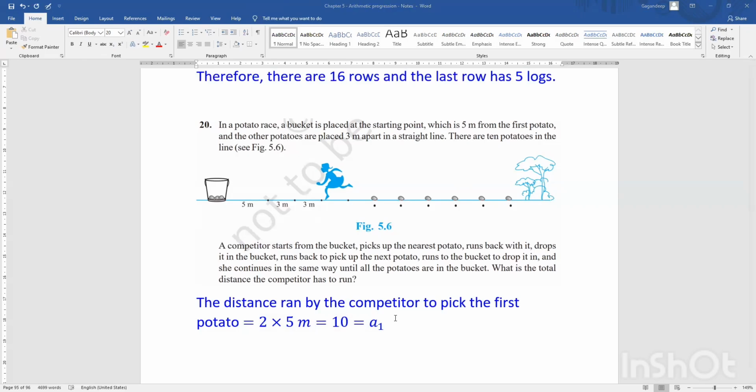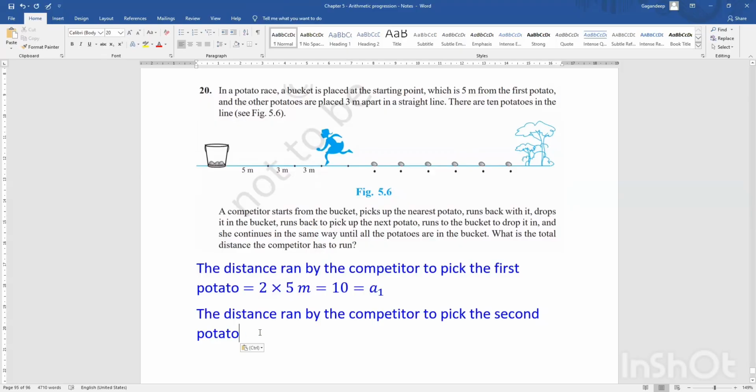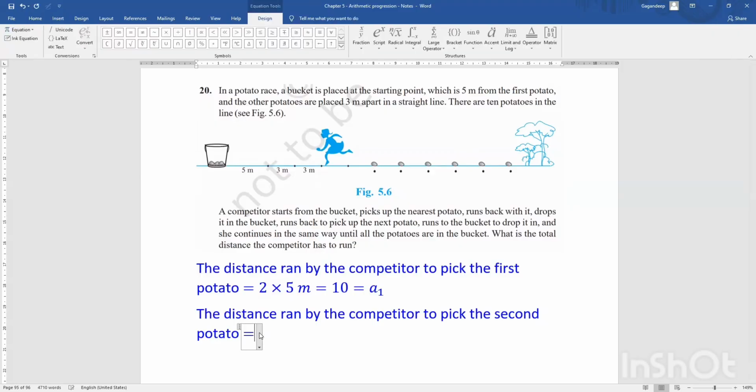Next, the distance run by the competitor to pick the second potato will be nothing but 2 into 5 plus 3, which is 5 plus 3 meters, which is nothing but 2 into 8, which is 16.